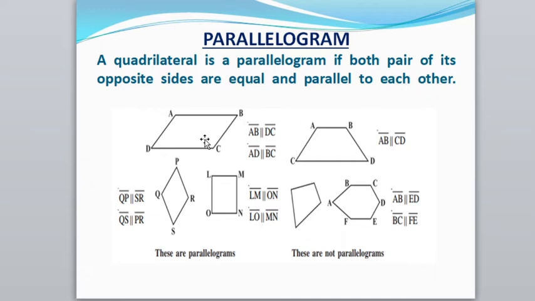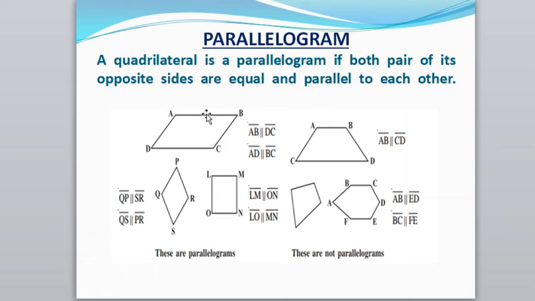So here also two types of figures are given, where it is written these are parallelograms and these are not parallelograms. So why? In the first figure ABCD, it is given that AB is parallel to DC and AD is parallel to BC.